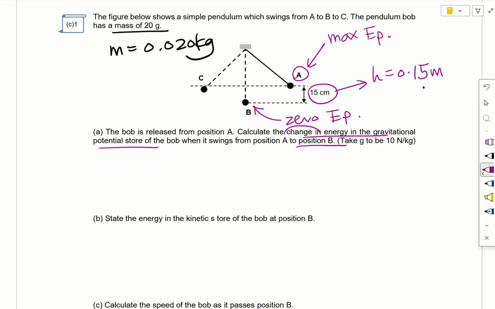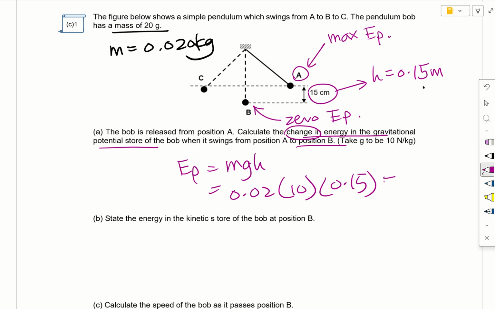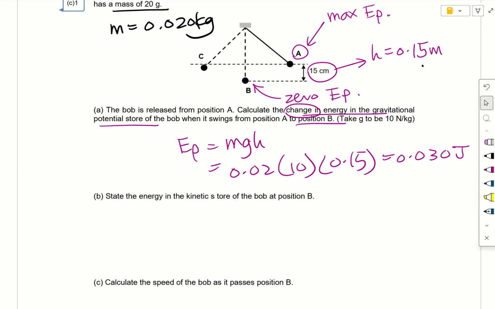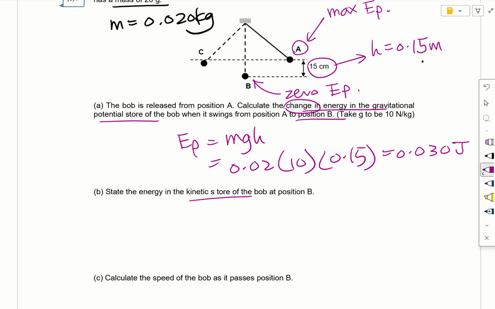So they ask us to calculate the change. So the change in EP will be just mgh. So it will be 0.02 multiplied by 10 multiplied by 0.15. So the answer will be 0.030 joules.